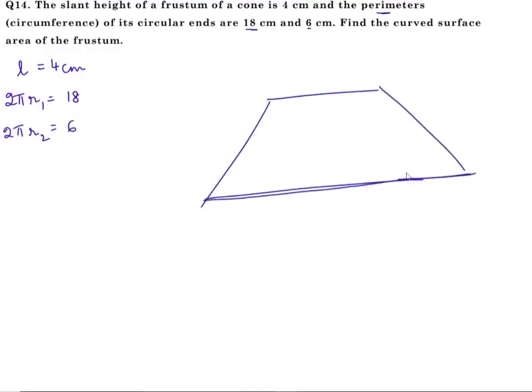Perimeter of the bottom portion is 18, top portion is 6, therefore perimeter is 2 pi r1 for the top portion, and for the bottom portion it is 2 pi r2. With this, what you should calculate? You should calculate the radii r1 and r2.